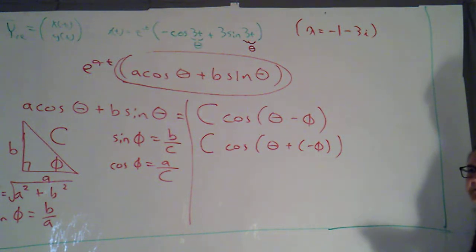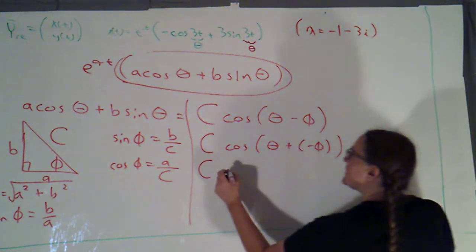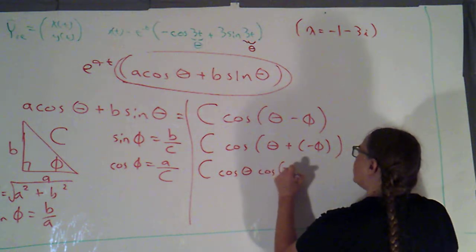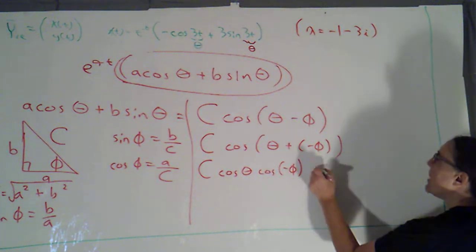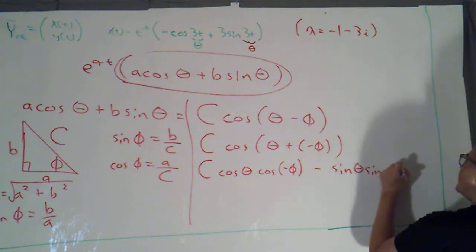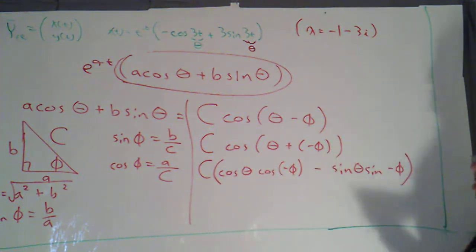I know the sum formula for cosine, so this way I don't have to know the difference formula. So that's going to be c times cosine of theta times cosine of negative phi minus sine of theta times sine of negative phi. That whole thing gets multiplied by c.